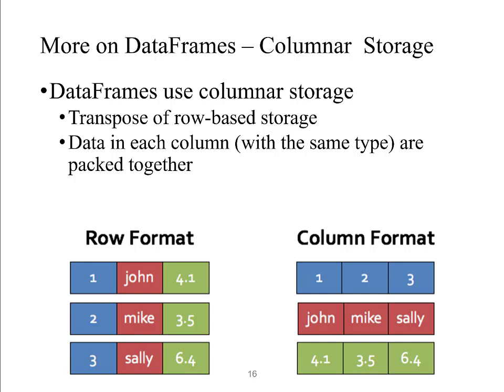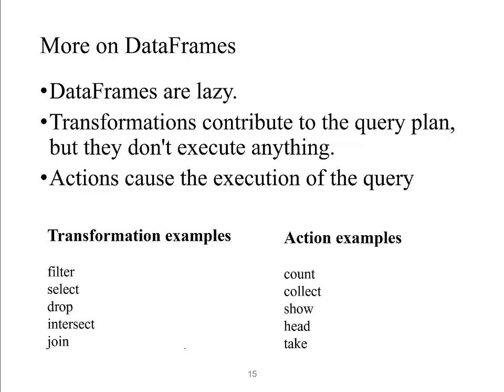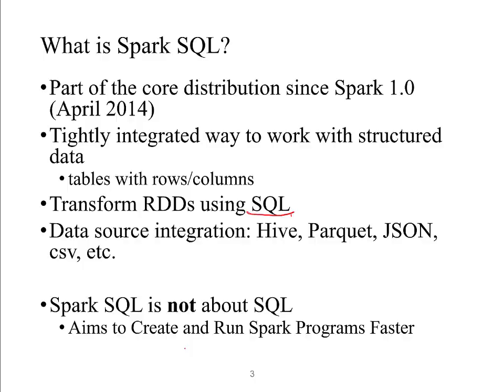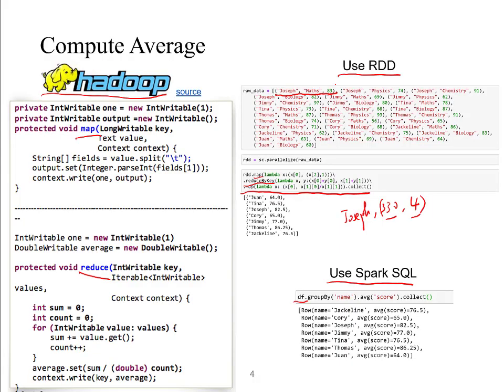Data in each column are packed together. Row-based storage is the most common way that we have been using. The example here is row-wise storage.